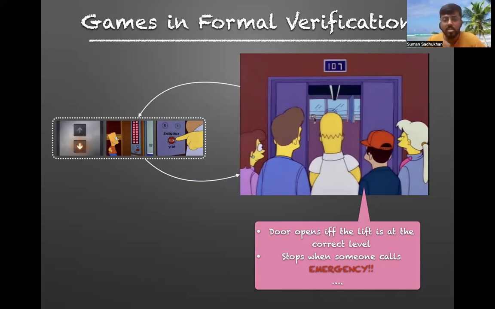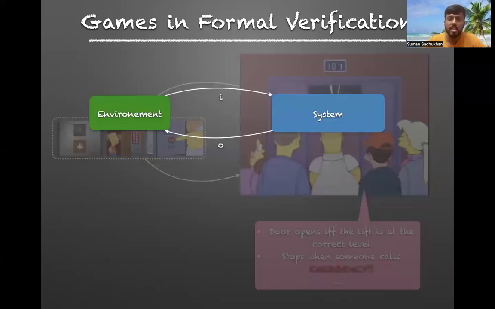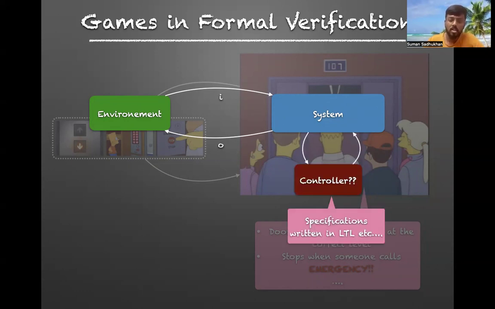And when we are given such a model, we want to verify whether that model is correct, that it satisfies this kind of condition. So there are several such examples, and we typically model them as a system-environment interaction, where the environment gives input to the system and the system reacts by giving some outputs. And this interaction goes on. And there is some specification that's written in some logical formula, for example, linear temporal logic.